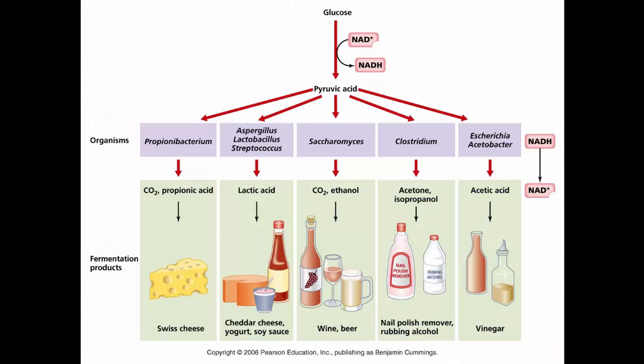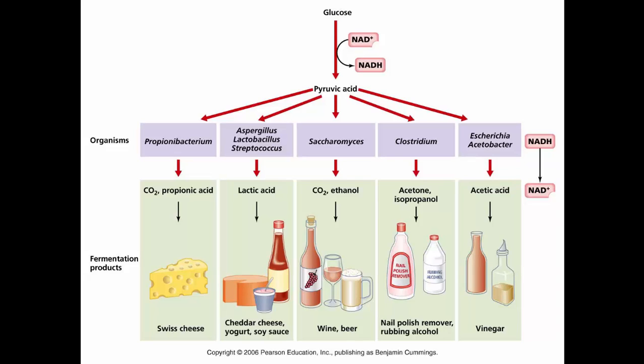So the products that you might be familiar with that are a product of fermentation, we use fermentation a lot, different types of food. Swiss cheese comes from fermentation. The holes in the cheese are caused by carbon dioxide bubbles building up by this bacteria. Cheddar cheese, different type of bacteria is used.